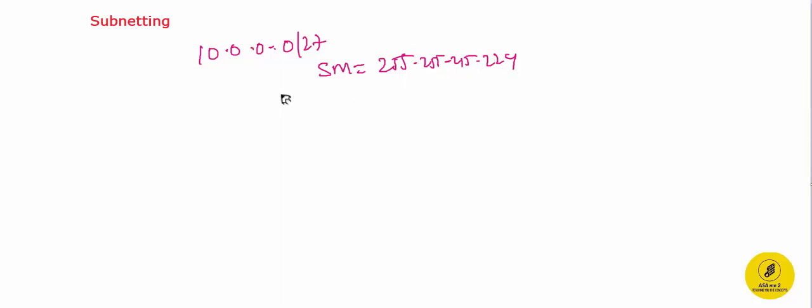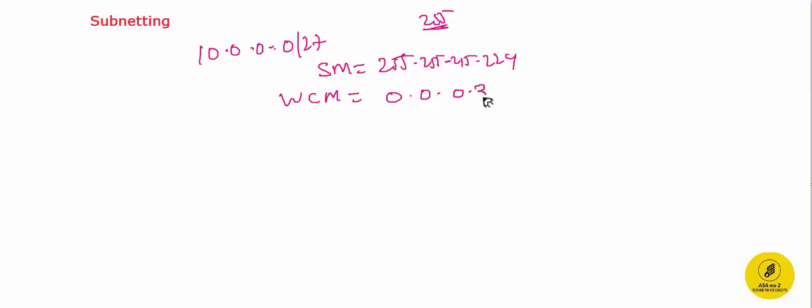Let's do some cleanup here. The given IP address in the example was 10.0.0.0/27. First, we figured out that its subnet mask will be 255.255.255.224, and then we calculated the wildcard mask. To find the wildcard mask, you subtract each octet of the subnet mask from 255.